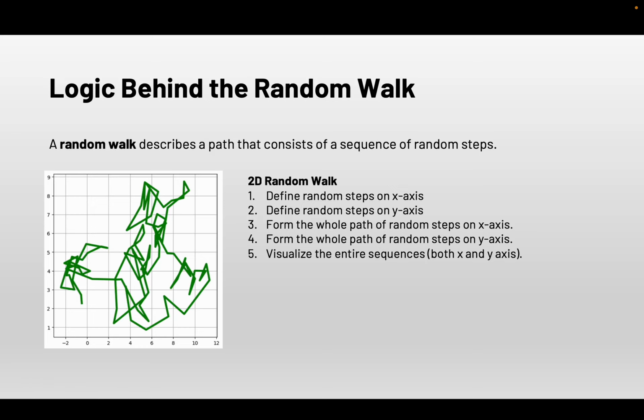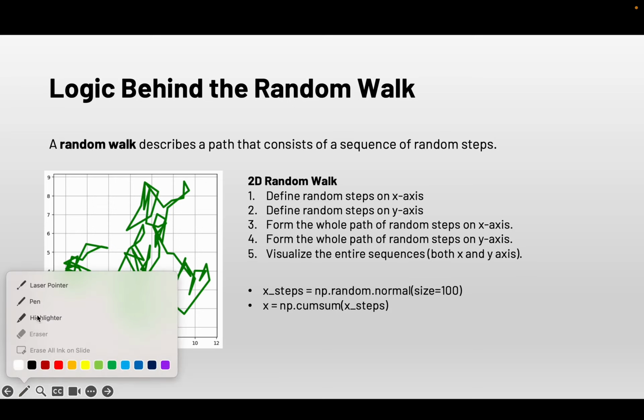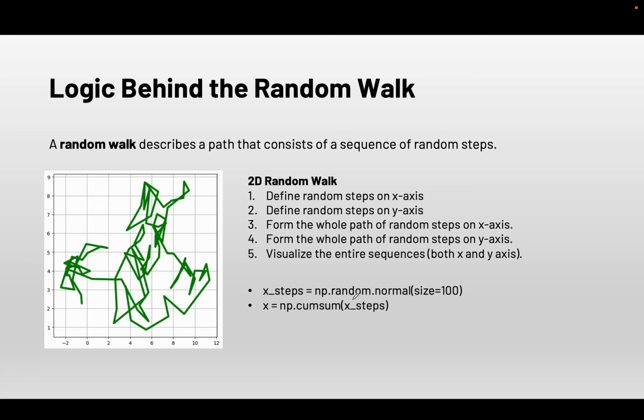Okay, before we jump into Google Colab, we would like to introduce some functions to help you visualize the random walk. The first function is random.normal. This function is from the NumPy library, and it will create some numbers. In this situation, we're going to create some steps, and every step is drawn from a normal distribution. So let's take a look at the first function, numpy.random.normal with size equal to 100.